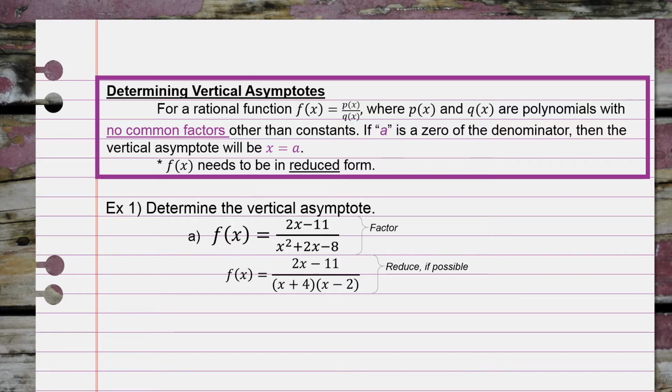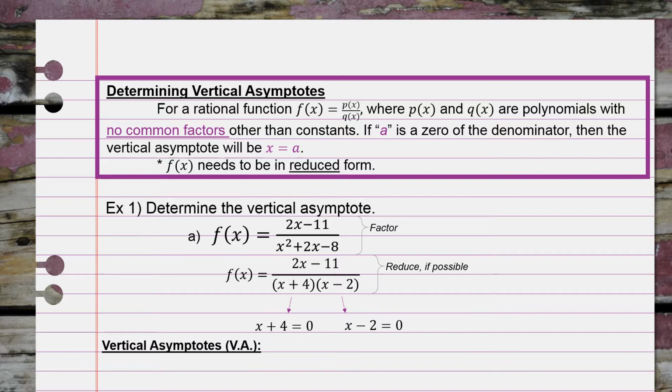Well, in the denominator, we have two separate pieces. We have an x plus 4 and we have an x minus 2. So we take the first piece and we set it equal to 0. So x plus 4 equals 0. And the other piece, x minus 2, set equal to 0. From here, we solve the two equations, and this will be our vertical asymptotes.